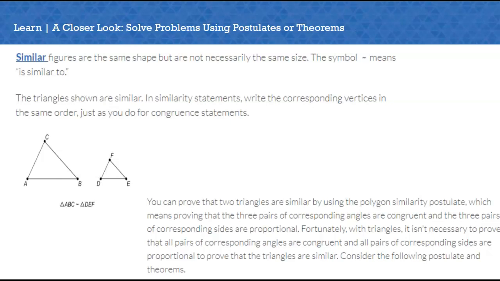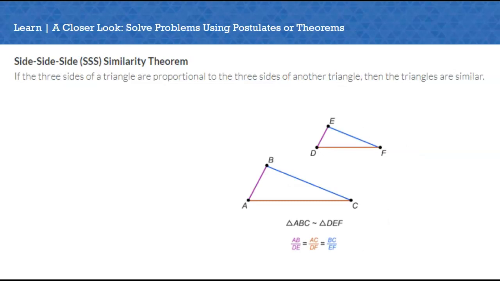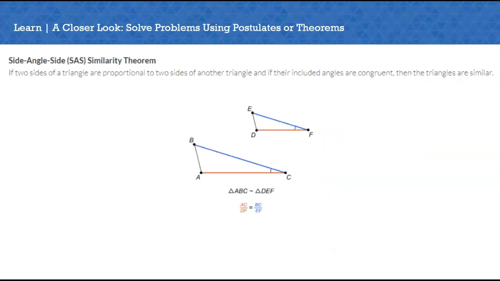Fortunately, with triangles, it isn't necessary to prove that all pairs of corresponding angles are congruent and all pairs of corresponding sides are proportional. Instead, we can use these three theorems or postulates: the angle-angle similarity postulate, the side-side-side similarity theorem, and the side-angle-side similarity theorem.